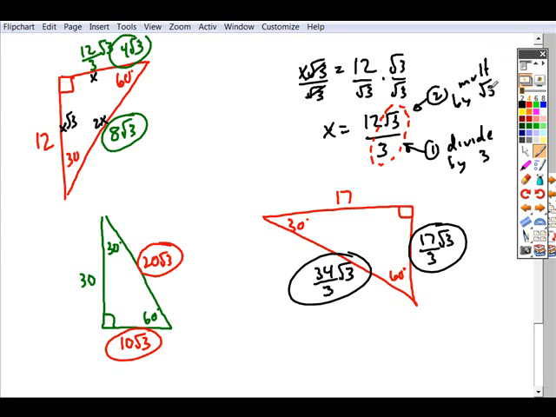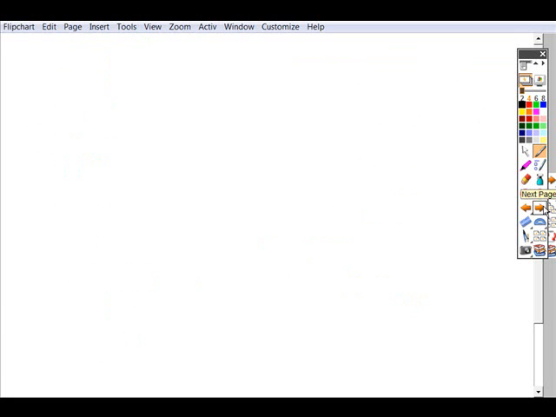All right, questions on this? Okay, if you look at sample problems 12 and 13 in your books. Sample problem 12 states, find the length of the diagonal of a square whose perimeter is 20.